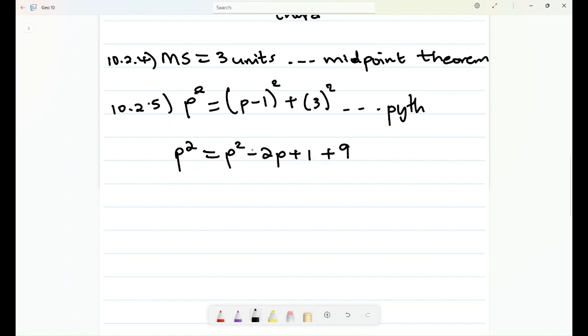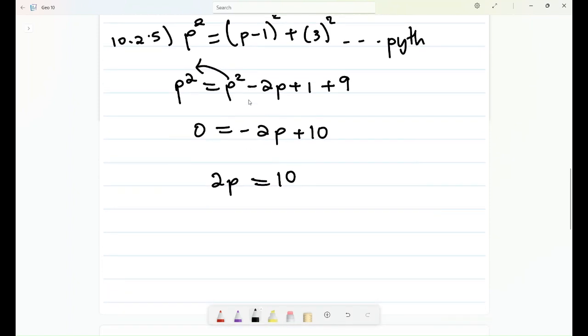When you take this P squared to the other side, it's going to be 0, equal to negative 2P plus 10. Then when I take this 2P to the other side, it's going to be positive 2P, equal to what?